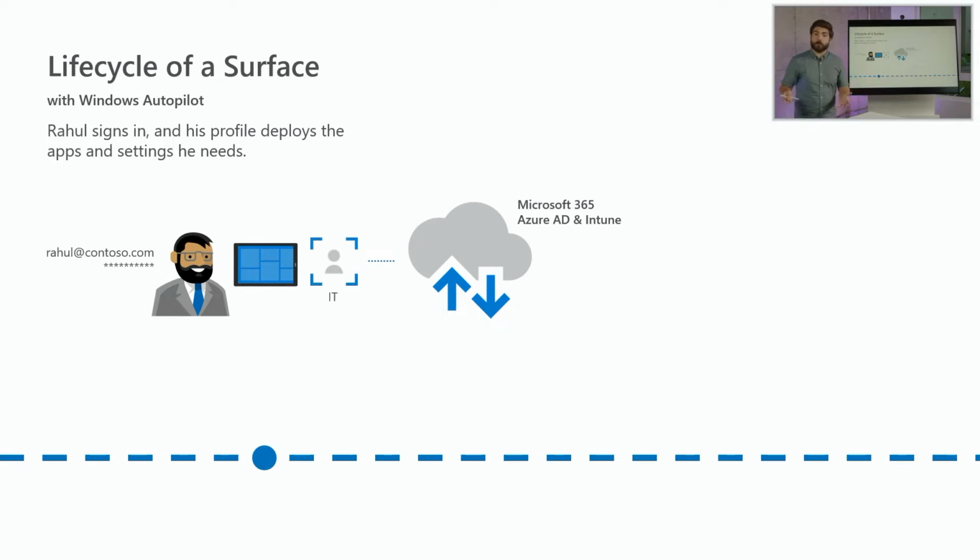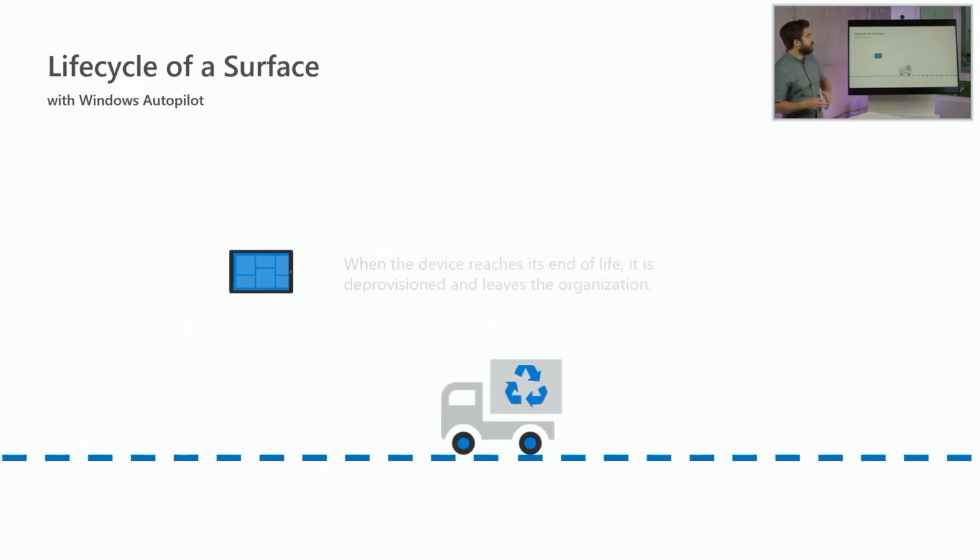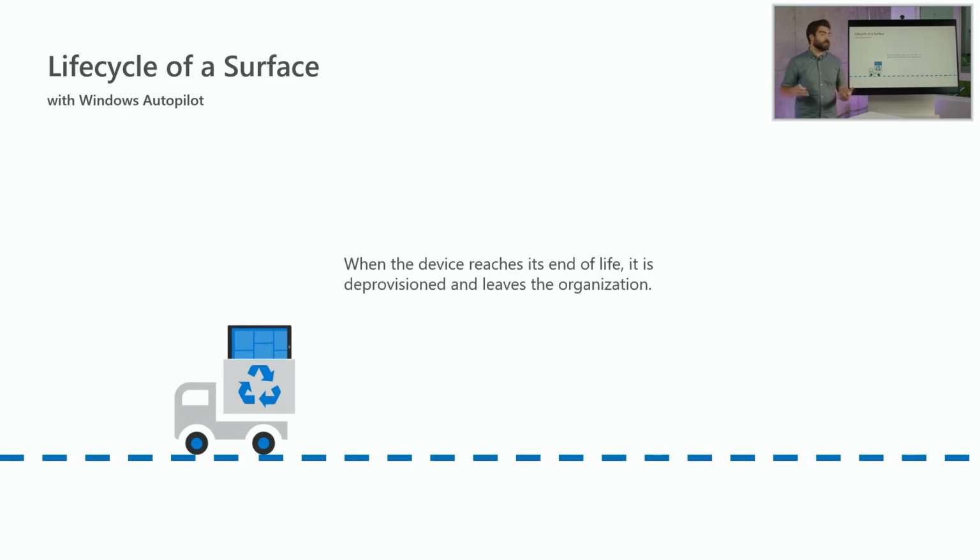And then when Raul retires or the device finally reaches the end of its life, we will also then deprovision from your organization and remove the device entirely from there. So that's a little bit of what that life cycle of a Surface device using that Windows Autopilot looks like.